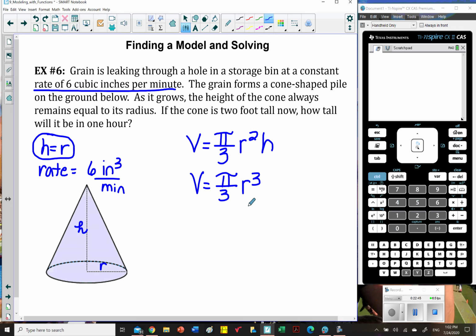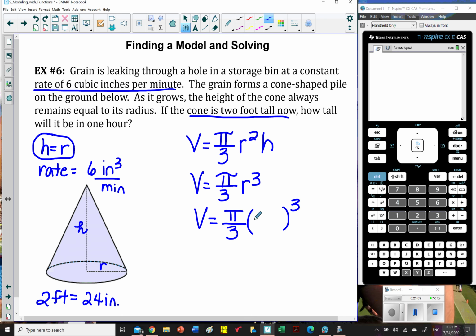And what did they tell us? The cone is 2 feet tall now, but we don't have feet, we have inches. So volume in inches, 2 feet is the same as 24 inches. So we want to take 24 to be our value.